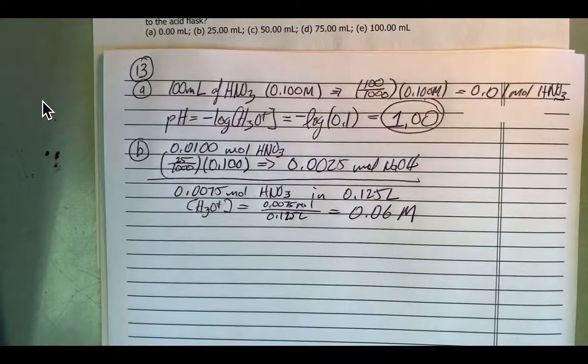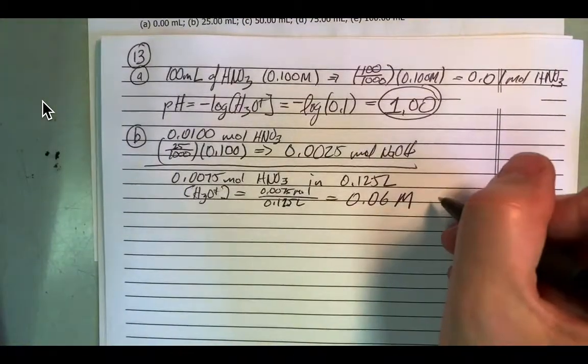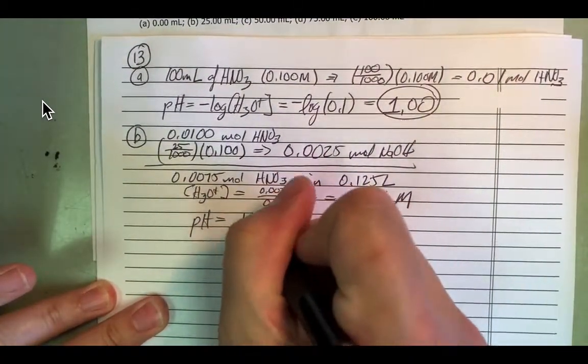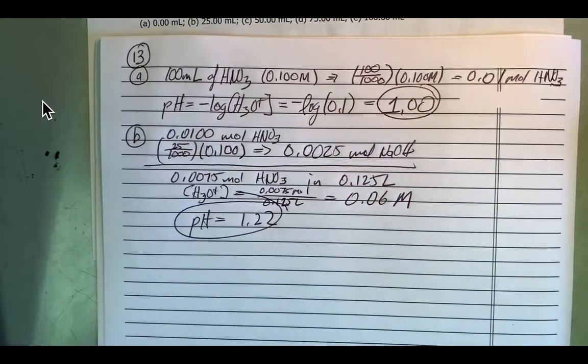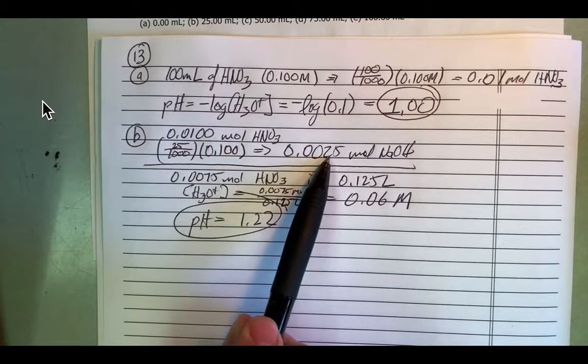Okay, 0.06 molar is the concentration of H3O plus. So now I'm going to go minus log of that, and so the pH at this point is equal to 1.22.